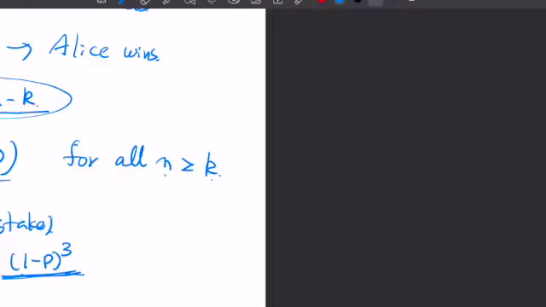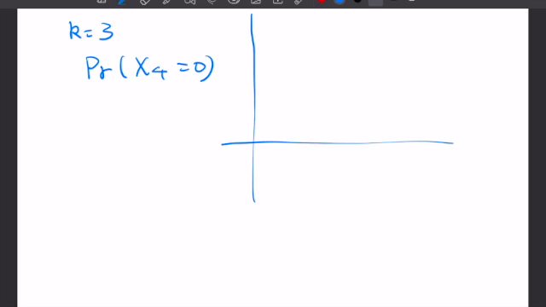Okay. Then what if, starting from $3, what is the probability that Alice loses all her money after the fourth play? Is that possible? Maybe it helps to draw some graph. So initially Alice has $3.